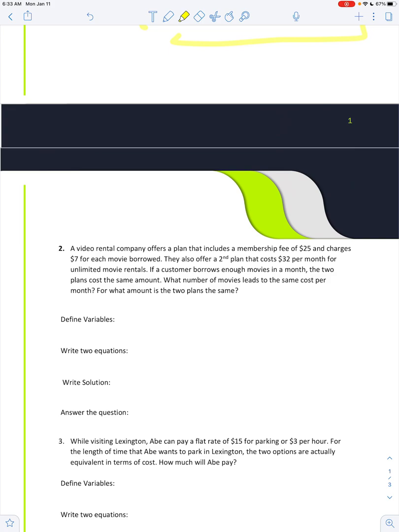But let's go ahead and define. Each movie borrowed, that means our x is equal to the number of movies, right? X is the number of movies. And then y is just our total cost for the month.